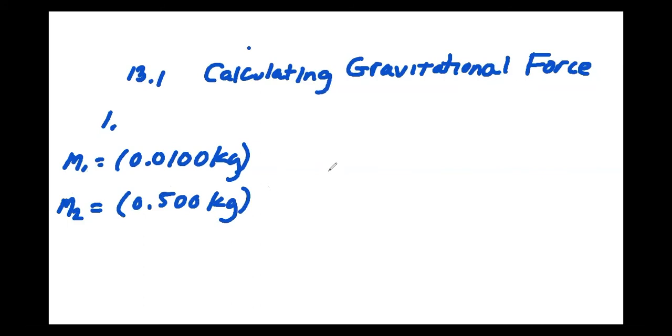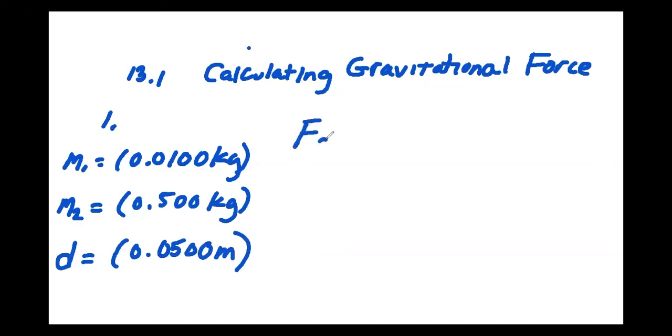The center to center distance between them is 0.0500 meters, so D equals 0.0500 meters. Now it asks to find the gravitational force Fg on each sphere due to the other.